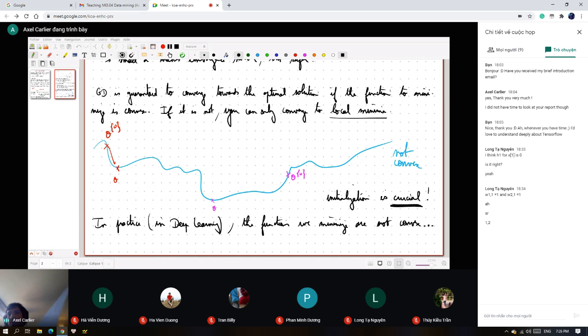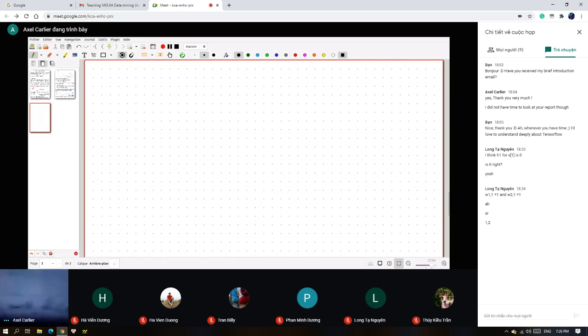Once you know what a cost function is, you will have pretty much all the information you need to understand how we train your network. Okay, let's speak about cost functions.